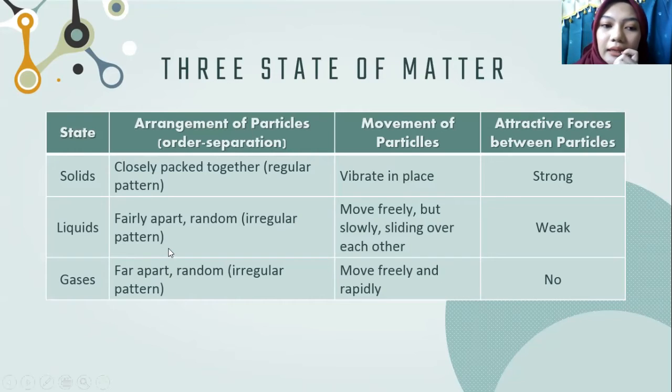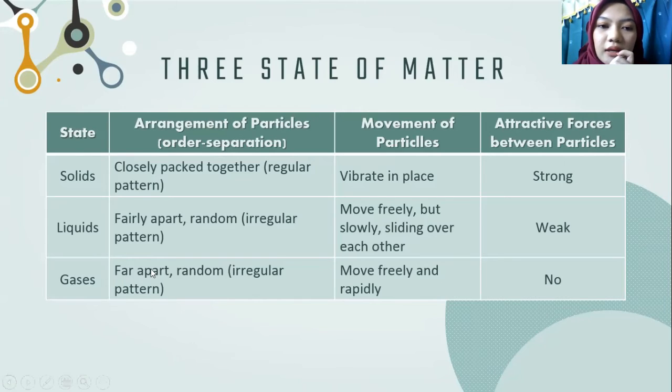While for the liquid, the arrangement of particles is fairly apart, and the arrangement is an irregular pattern or random, while the movement of particles is free but slow, and it is limited, so the attraction between particles is weak. And the last one is gases.